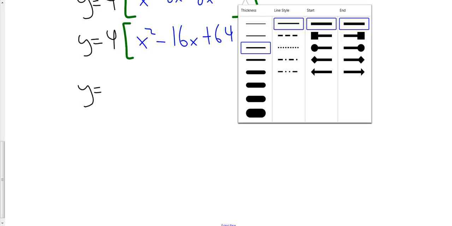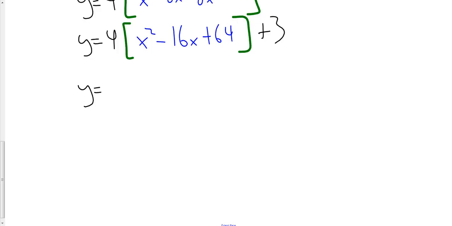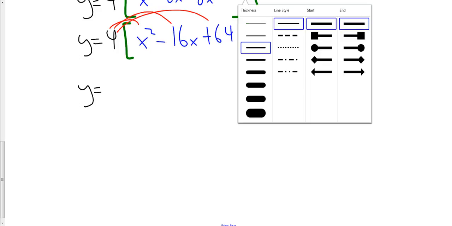I'm multiplying this 4 times the x squared, this 4 times the negative 16x, and this 4 times the positive 64.